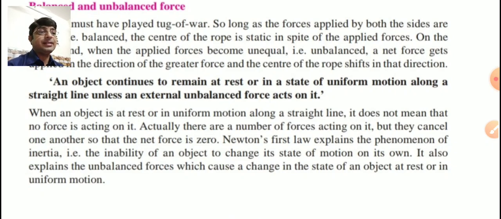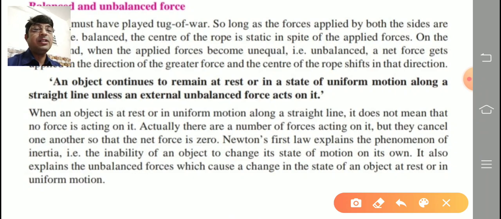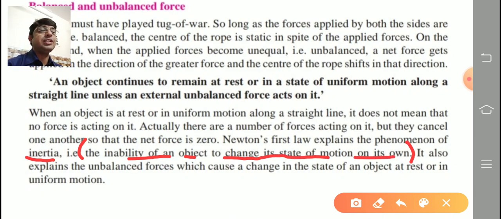Now the definition of inertia occurs here. Define inertia. The answer is given here, all of you mark this answer. The inability of an object to change its state of motion on its own is called inertia. That is the definition of inertia.